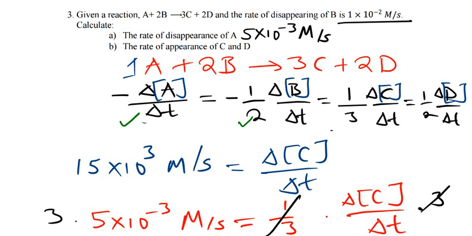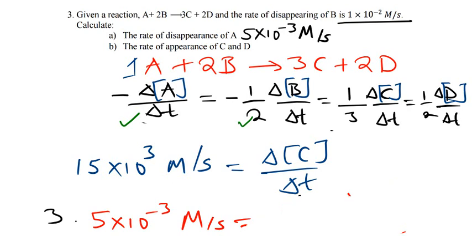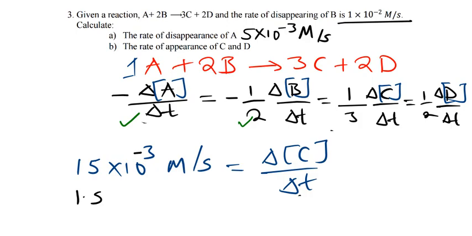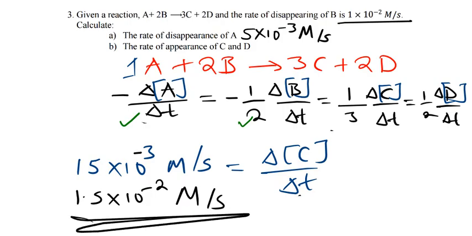Now this doesn't make sense to a scientist, so even your calculator won't give you 15 times 10 to the power negative 3. It's as good as writing 1.5 times 10 to the power negative 2 molar per second. Okay, so that's our answer for C.